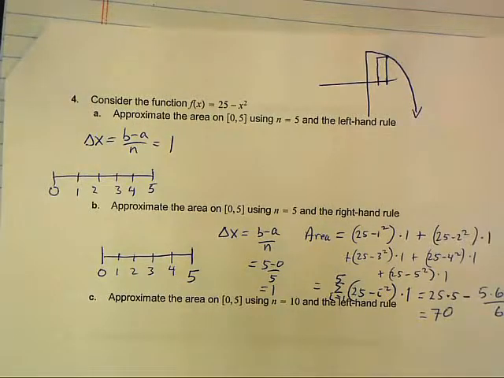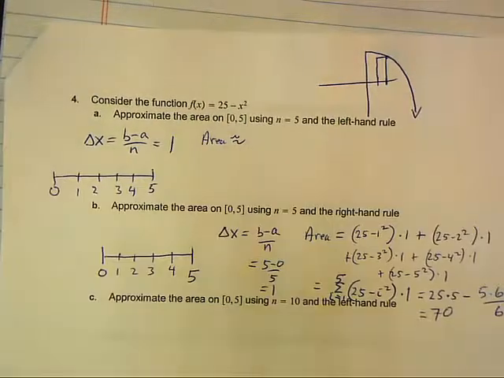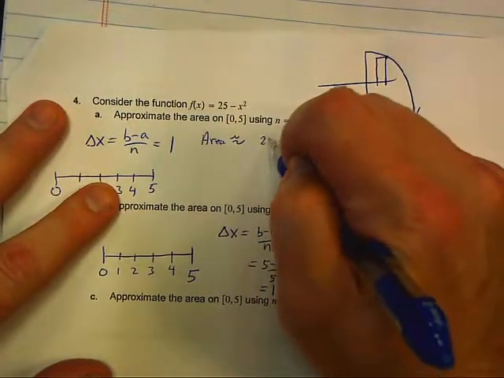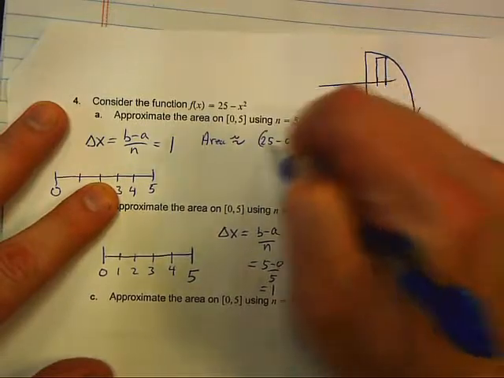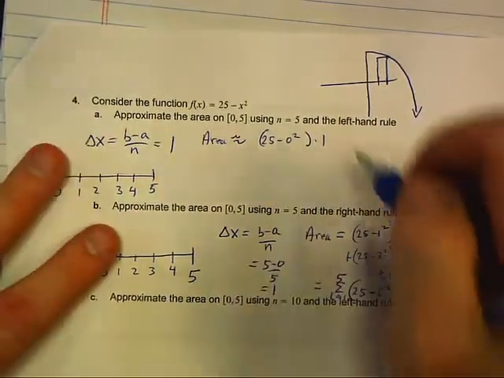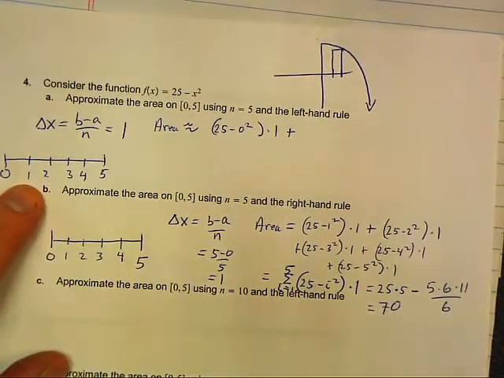All right, so our area would approximately be, this time if I'm using the left-hand end of each interval, what number do I plug in the first time? 0. So I would have 25 minus 0 squared times 1. Plus, what number do I plug in for the second rectangle? 1.